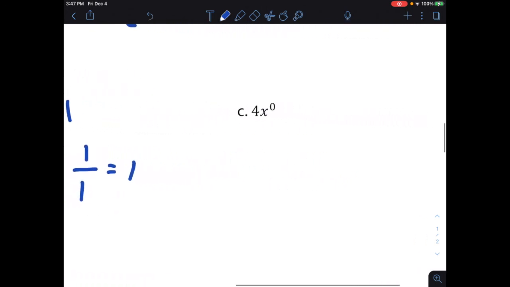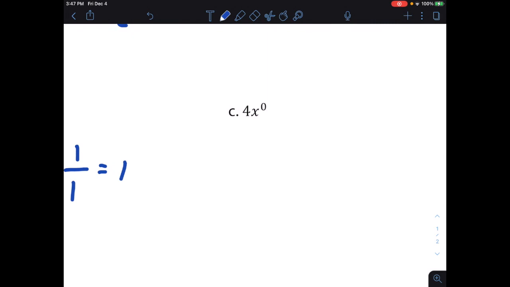And now this is where it gets tricky, because if I ask the question right now to raise your hand if you think the 0 applies to the x or both the 4 and the x, a lot of you would say both the 4 and the x. But from last time, I think was it last time? Yeah, it was last video, I mentioned that parentheses, super important.